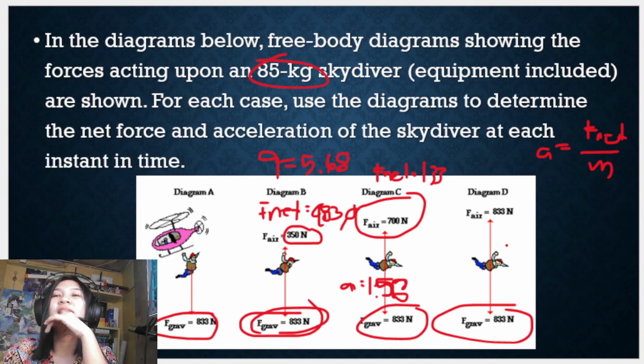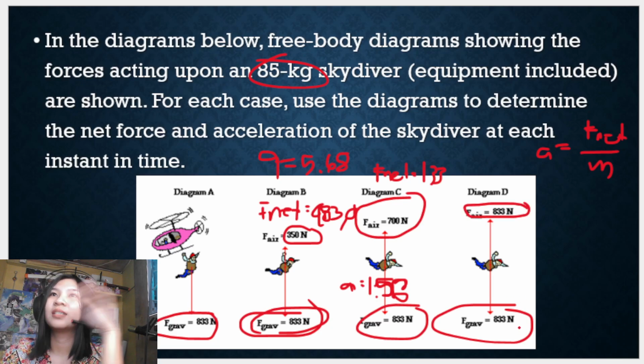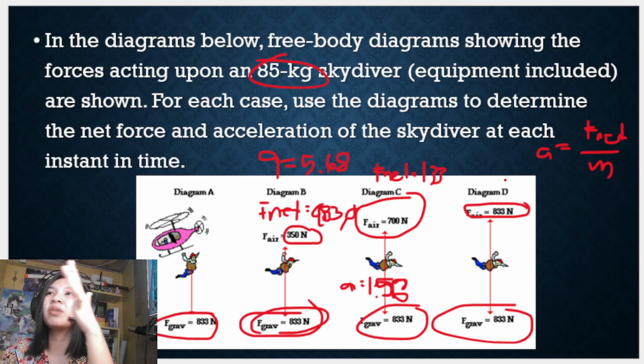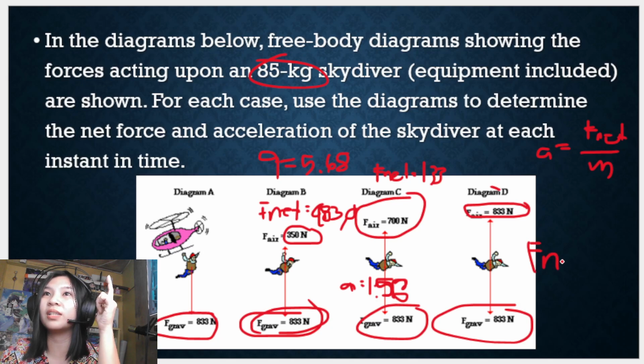Okay. Then in diagram D, as you can see, nagbalance na sila. The air becomes 833 and the F grav becomes also 833. If they are equal with each other, the F net is 0 on D. Now, if the F net is 0, the acceleration is also 0.